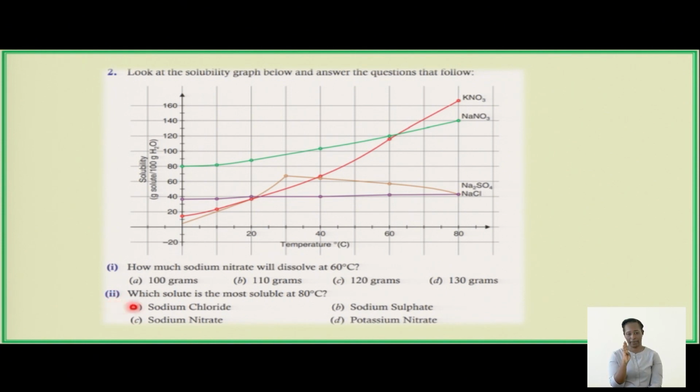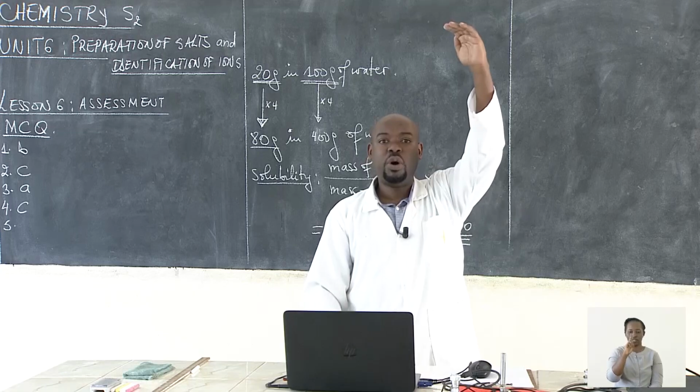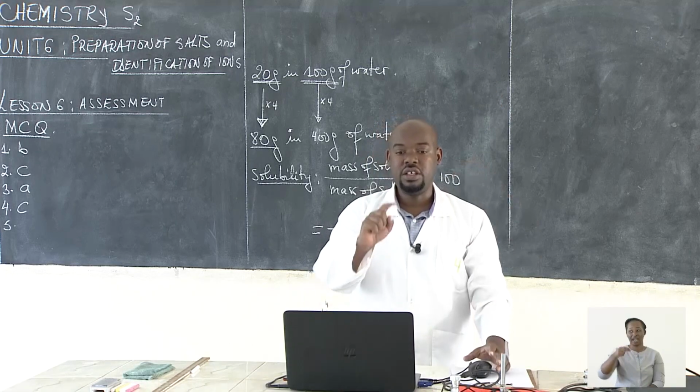We go to sub-question B. Which solute is the most soluble at 80 degrees? Now we have to find the graph or the curve which has the highest solubility, the highest point on the graph at 80 degrees.